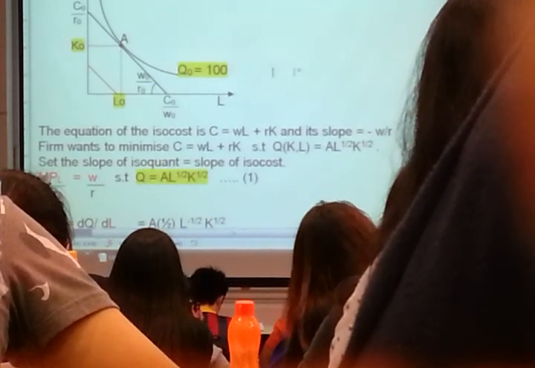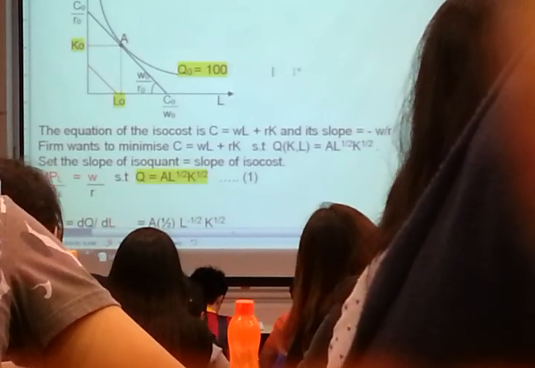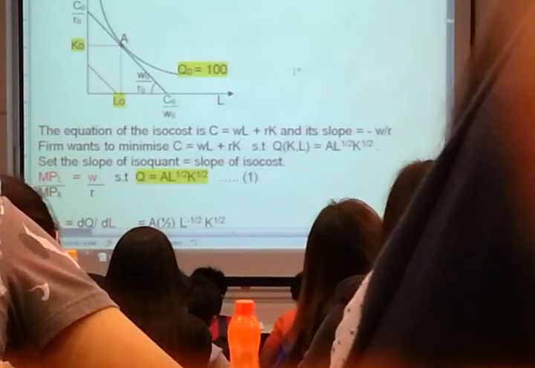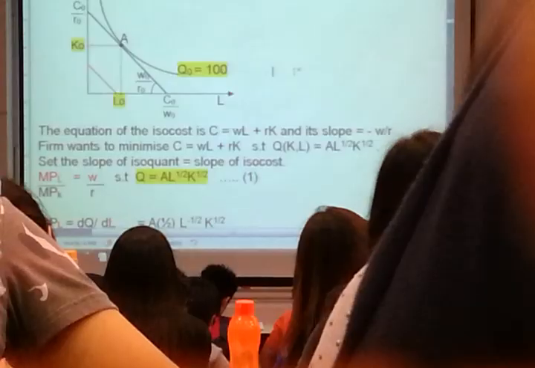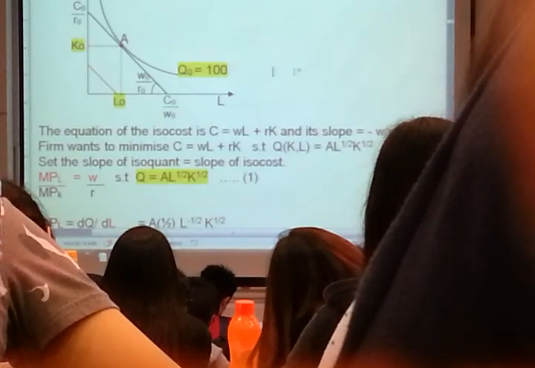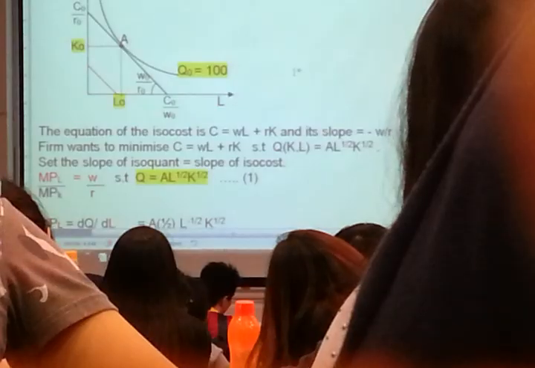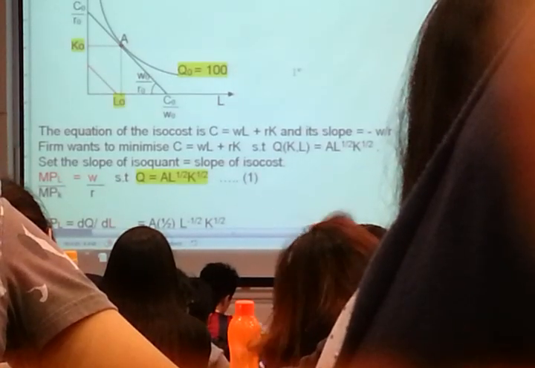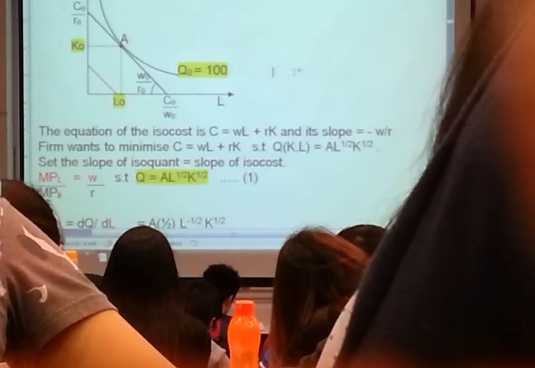That means at point A, the slope of the budget line, which is equal to W over R, is equal to the slope of the isoquant, the quantity curve, or in Chinese crossword, the product curve. Right, quantity and product are the same thing. The total product curve. Now, this slope is what? Marginal.